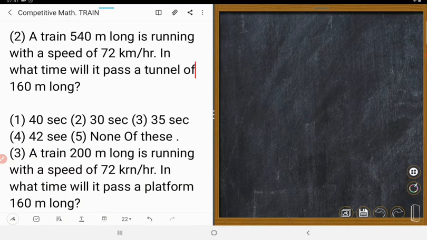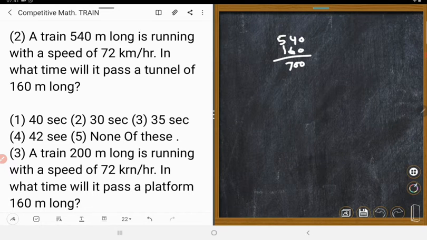That means the train will pass its own length and the length of the tunnel. Okay, done. So let's know the total length of the train and the tunnel. 540 and 160, total 700.